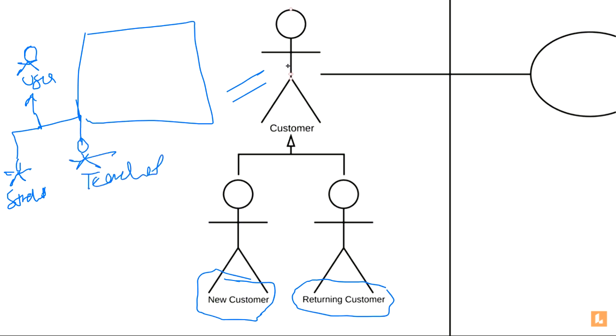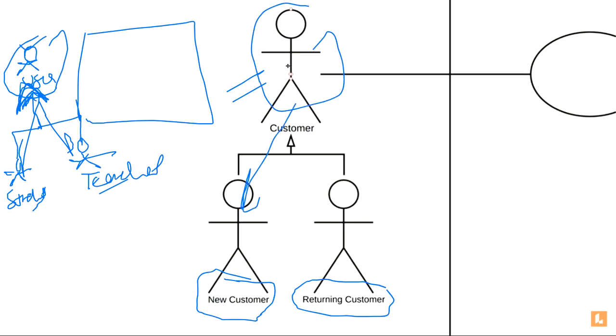So these two are children of this user. Visually, this arrow will point towards the parent. Keep that in mind. Generalization is just representing inheritance, that this thing can have type A and type B. Simple, nothing else. This customer can have type A, new customer, and type B, returning customer.